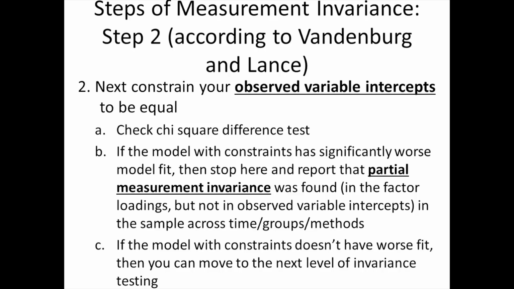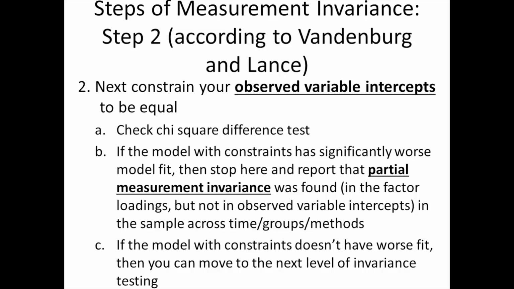So is the average of internalizing on a given item the same for boys and girls? And a lot of times you cannot place this constraint because it doesn't fit your data as well, and so you get worse model fit. But this is something that you can test. So if they can be constrained, then we can move to the next step. If they can't be constrained, we just stop right there and report that our factor loadings can be equal across groups.